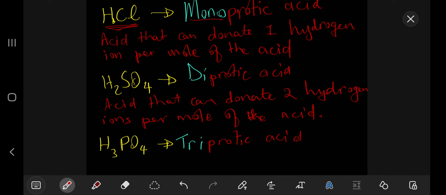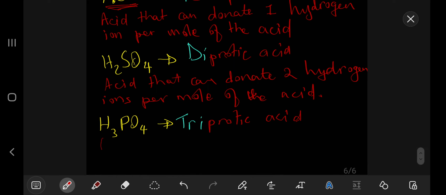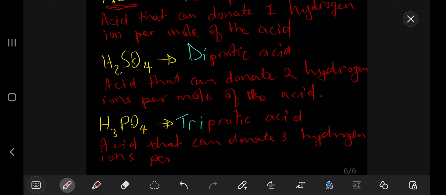So what is a triprotic acid? It means this acid is able to donate 3 hydrogen ions per mole of the acid, right?